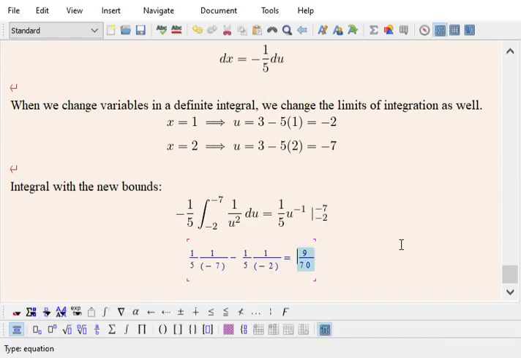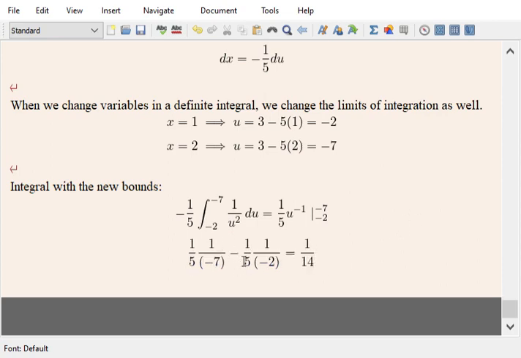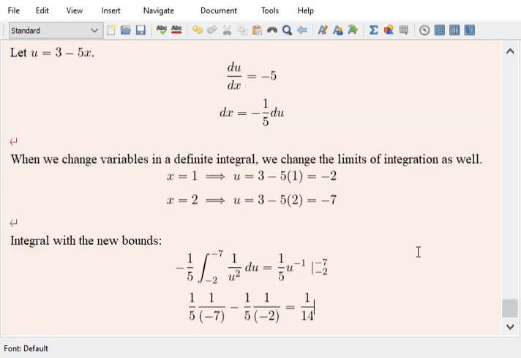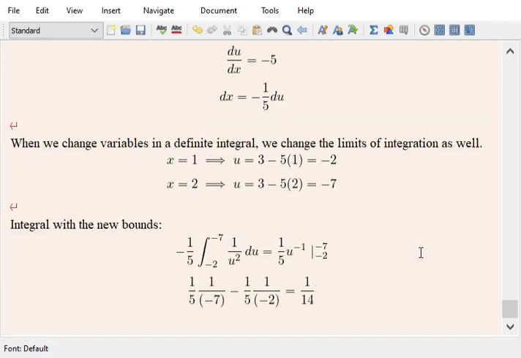I'm sorry, it's 1/14. So let that be a lesson to you. Be very careful when you're doing this; the problem was I omitted the negative sign when I was doing the calculation. So be aware of that. That's a very common mistake.